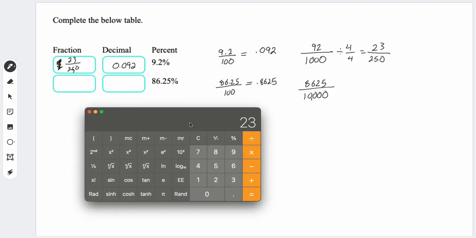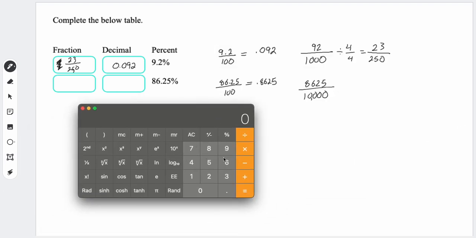Let's try to reduce by 75. Okay, well, we can reduce that more. So let's look at 375. So 8625 divided by 375 is 23. Let's see if we can reduce 10,000.